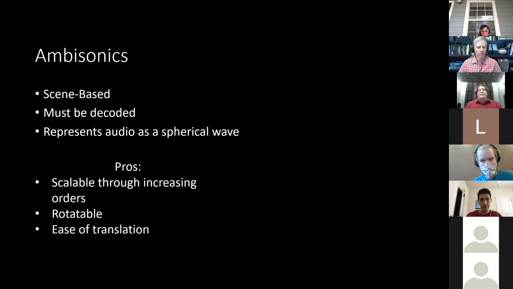But some of the pros of ambisonics: it is scalable through increasing orders. So we talk about the W, X, Y, and Z channels as being analogous to our X, Y, Z axes, if you remember your right-hand rule. We can increase our angular precision.